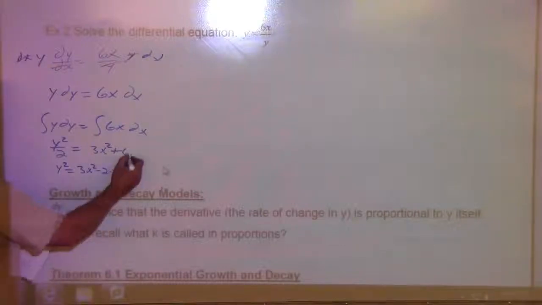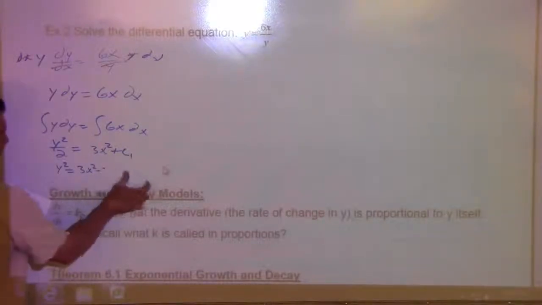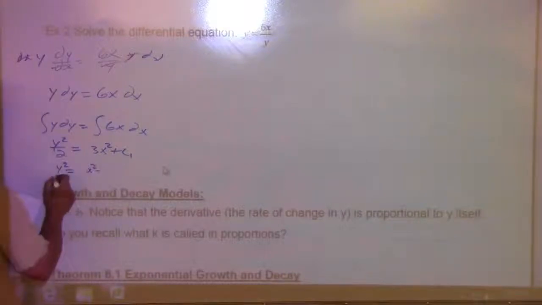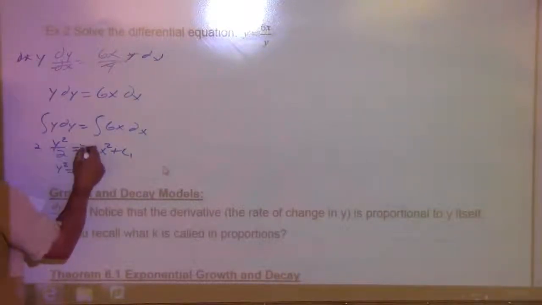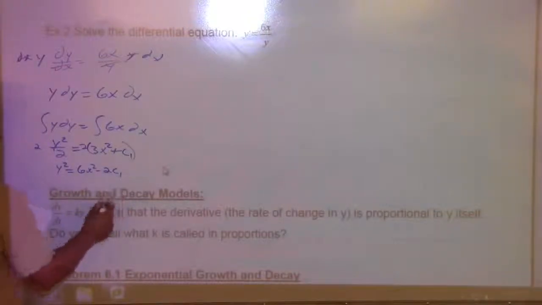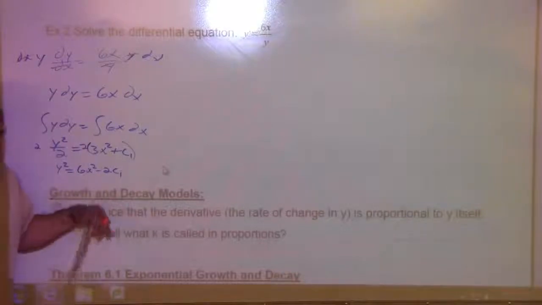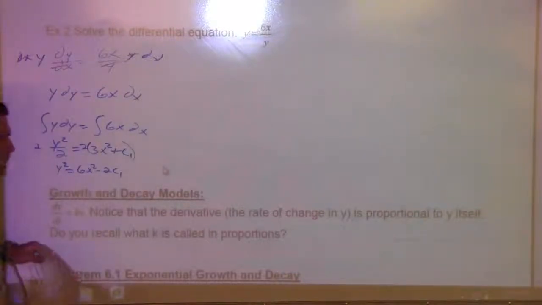I'm going to call this c1. No, I'm multiplying, I'm sorry. Multiplying both sides by 2. Got a little confused there. That's 6x squared plus 2 times c1. Now, that's 2 times some constant. Well, we don't know. Let's call it c2, or just c.